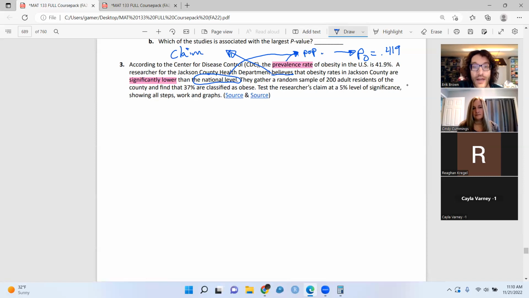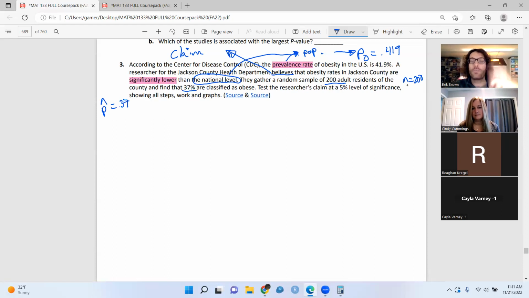All right, these researchers gather a random sample. Hopefully we're all comfortable, that's our n equals 200. Random sample of 200 adult residents of the county and find that, here's our P hat, 37% are classified as obese. Now pause here and note, our claim is lower, our P hat is lower, right?